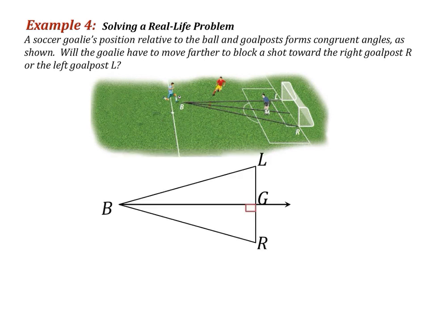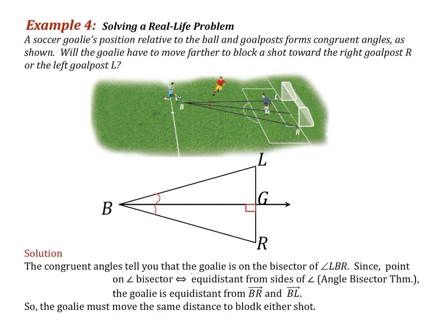Start by sketching a picture of the two triangles, label all your vertices, and identify the perpendicular piece, and then try to answer the question: will the goalie have to move farther to block a shot toward the right goalpost R or the left goalpost L? The answer is that the congruent angles tell you that the goalie is on the bisector of angle LBR.